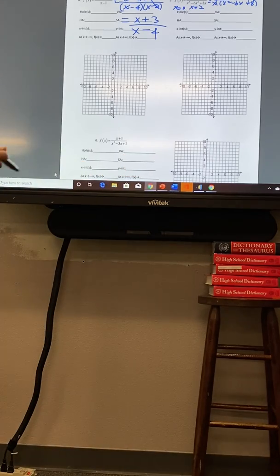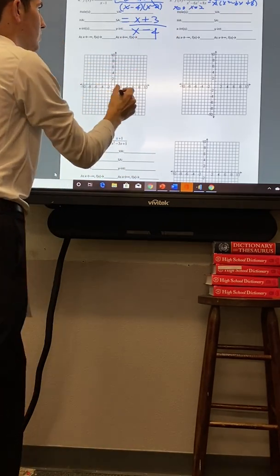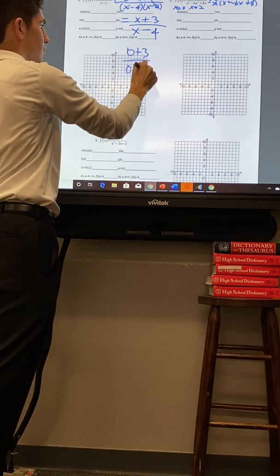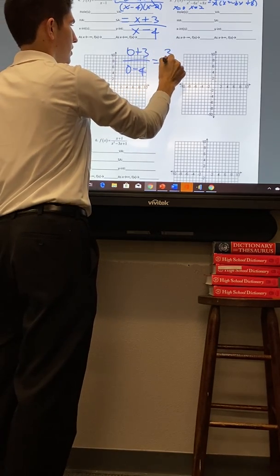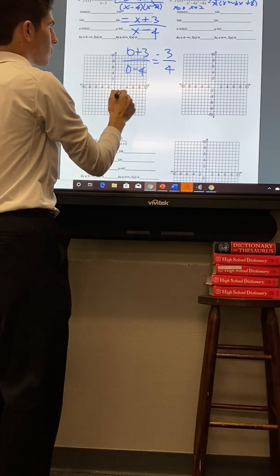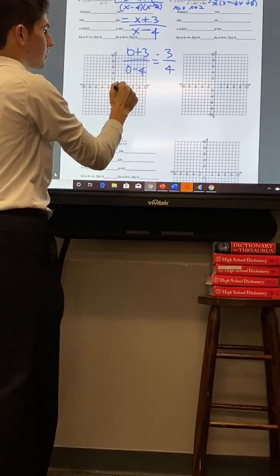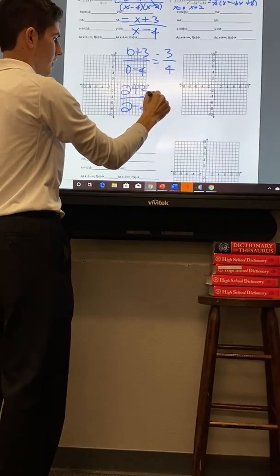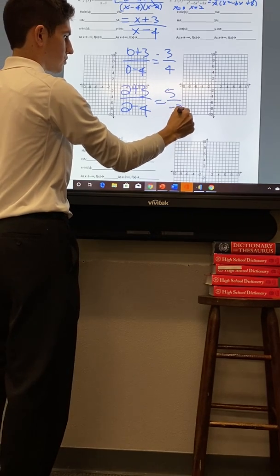Now I need to plug both 0 and 2 into that. So I get 0 plus 3 over 0 minus 4, and I'm left with negative 3/4. I also plug in 2, so I get 2 plus 3 over 2 minus 4, and I'm left with 5 over negative 2.